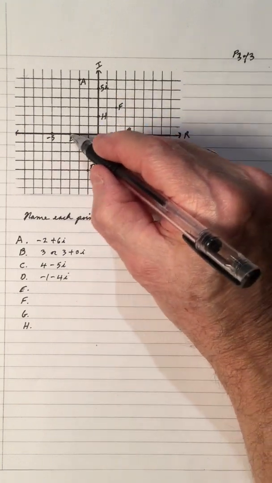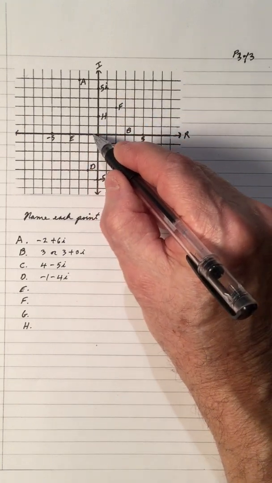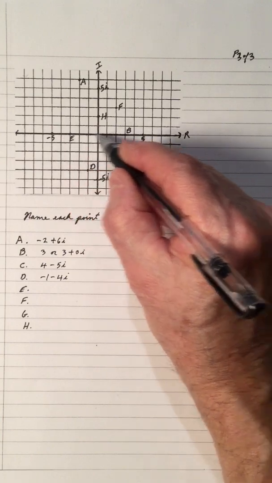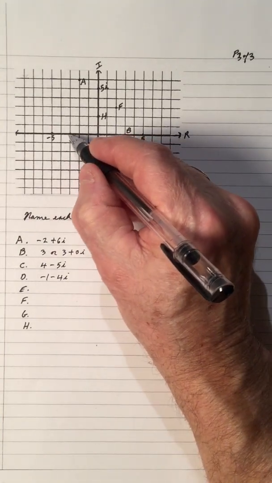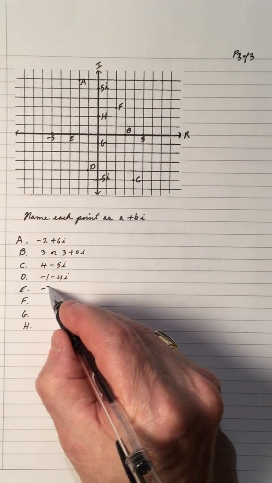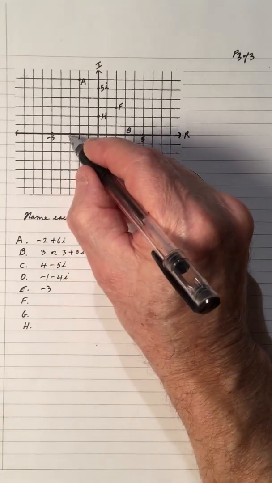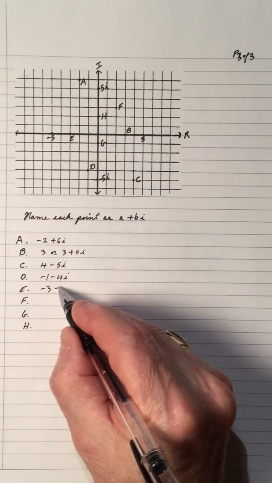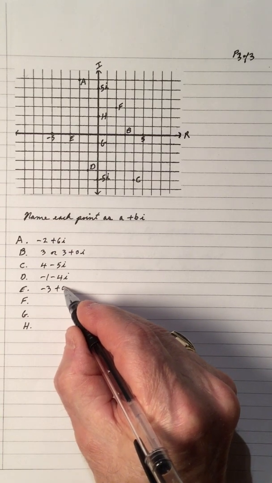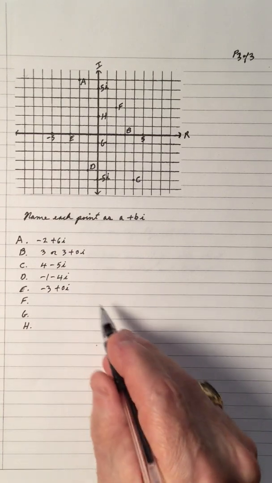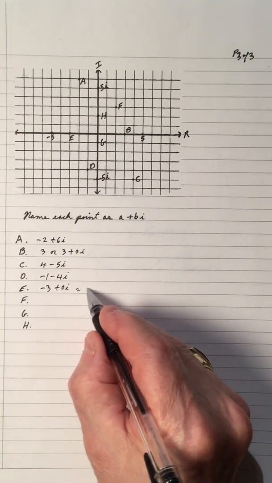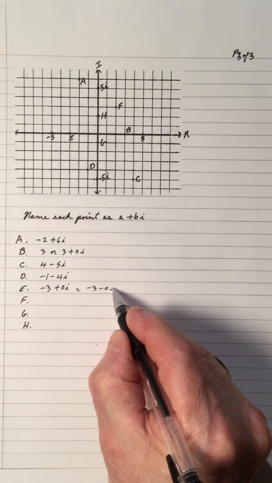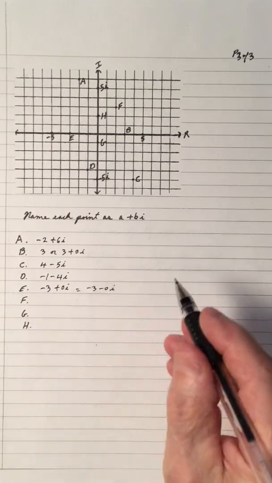E is right here. E is on the real axis. Real axis horizontal, real. So that's 1, 2, 3 negative. And the imaginary is 0. So it's plus 0i, or it could be plus or minus. It makes no difference if you do that or you do that, because it's the same as -3.